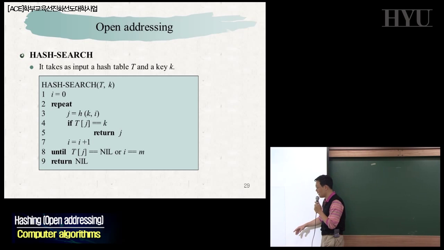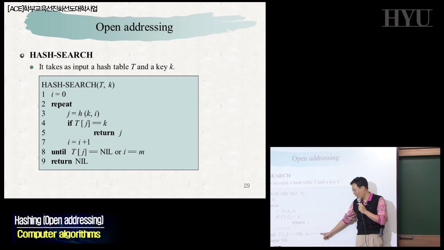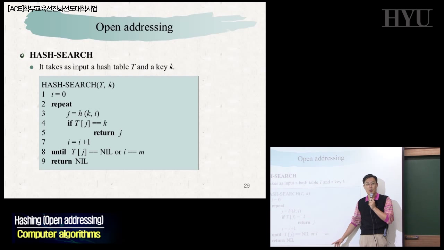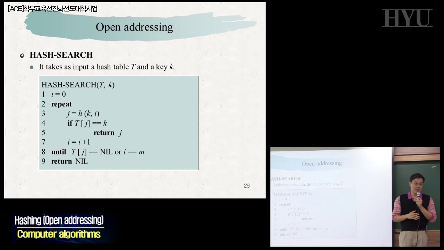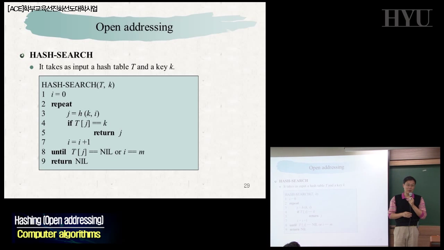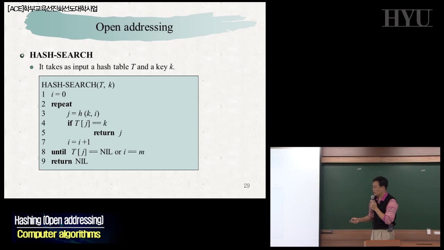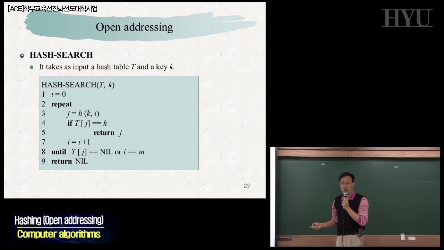I can understand that. Okay, i equals m means we probed every slot, and there isn't k in the hash table. Okay, and there is another exit condition of this loop. T of j is nil.